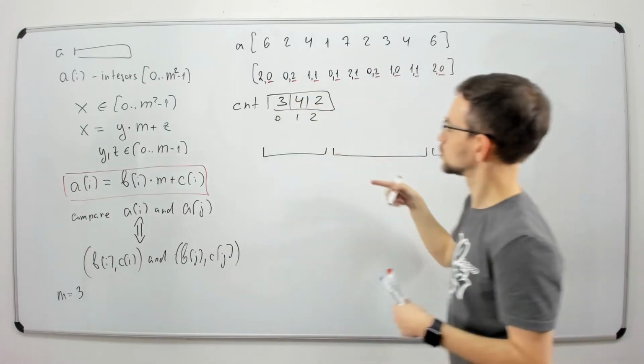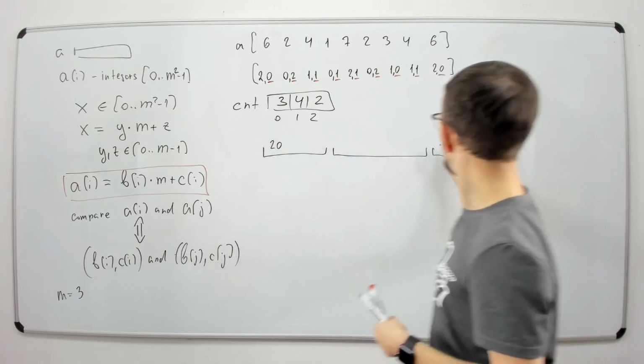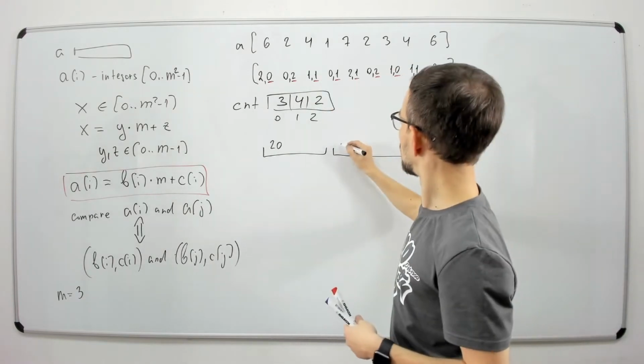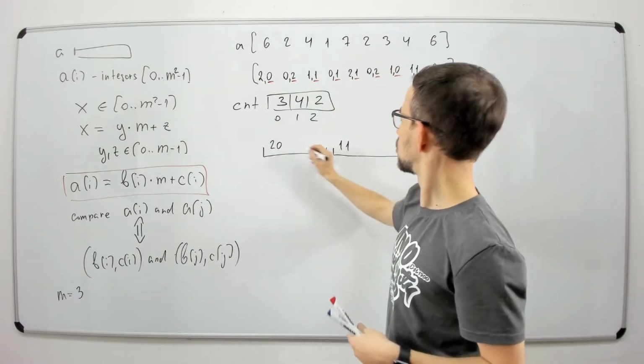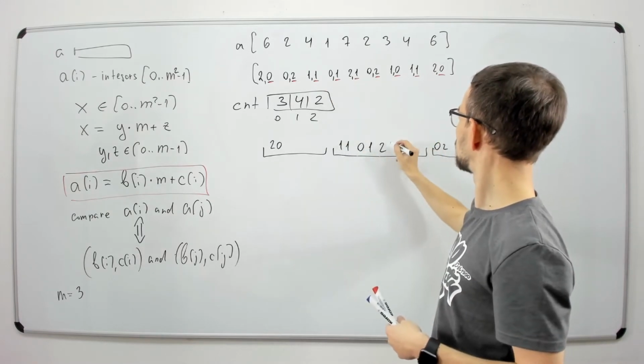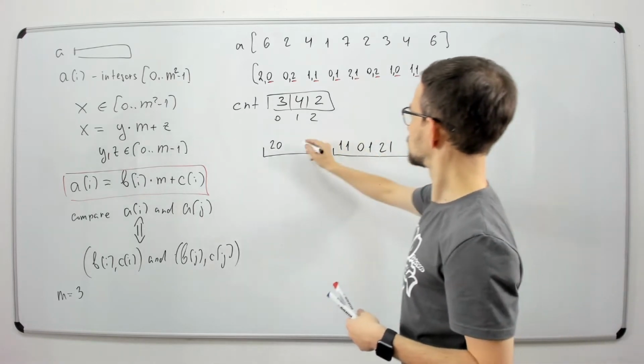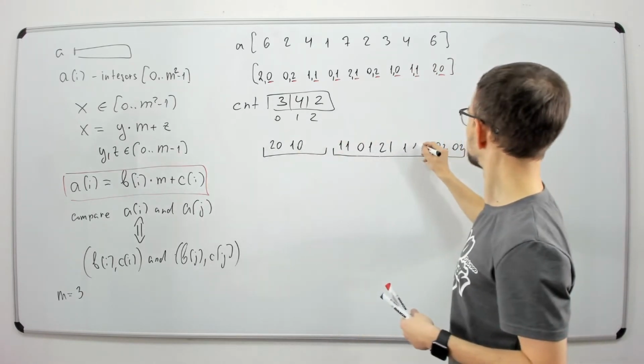And put these pairs into these buckets. So we have 2, 0, put it here, 1, 2, put it here, 1, 1, put it here, 0, 1, put it here, 2, 1, here, 0, 2, here, 1, 0, 1, 1, and 2, 0.